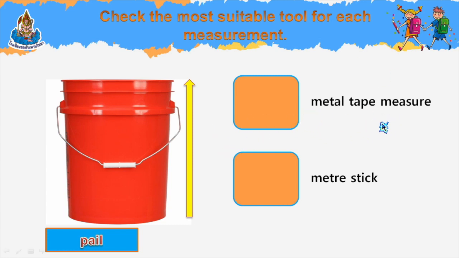Can I measure it with a metal tape measure? Or with a meter stick? Yes, you're right, a meter stick. Because this one is not so big, and a metal tape, we usually use this to measure big sizes, right?